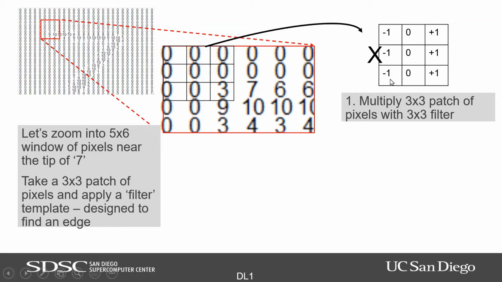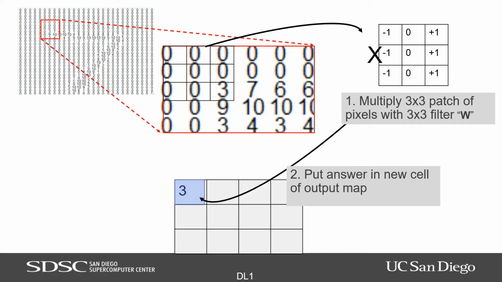We multiply element-wise this 3x3 patch of pixels with the 3x3 filter. We can call this our weight parameters. We're going to put that answer into a new output box or output map. So this particular patch times this filter gives me a 3.